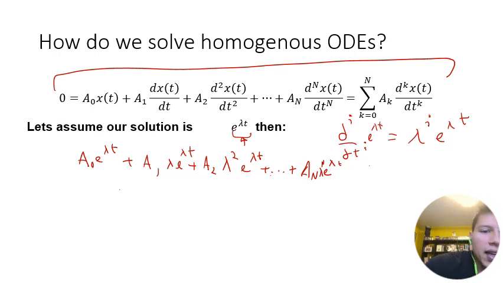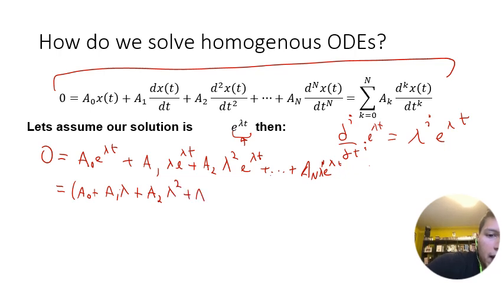And since that's on the left hand side I have 0, and then I'm going to get that on the right hand side. I can factor out e to the lambda t from each term. So this is actually equivalent to saying a0 plus a1 lambda plus a2 lambda squared plus a3 lambda cubed plus dot dot dot plus an lambda to the nth power, times e to the lambda t.